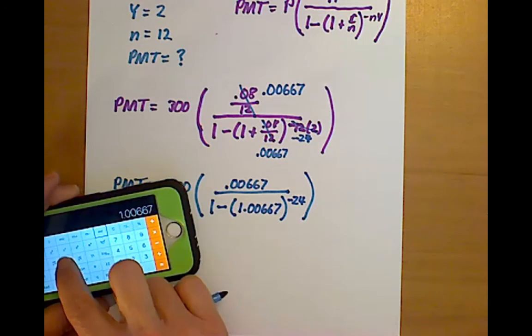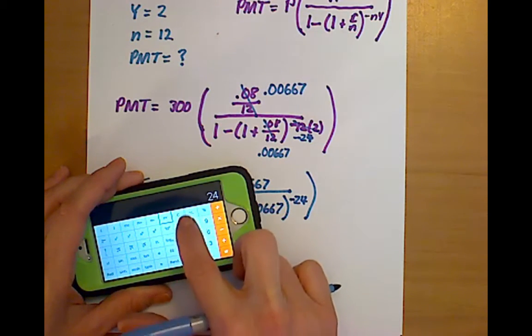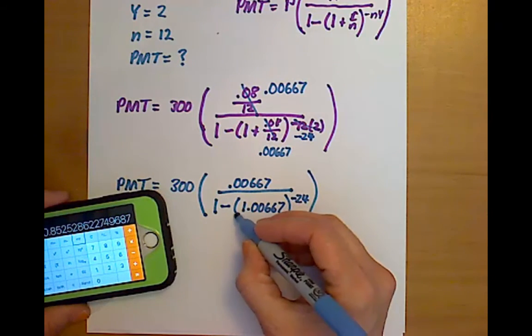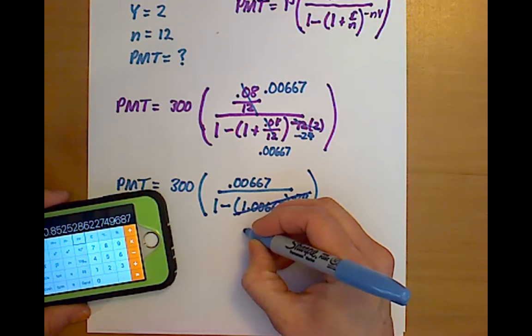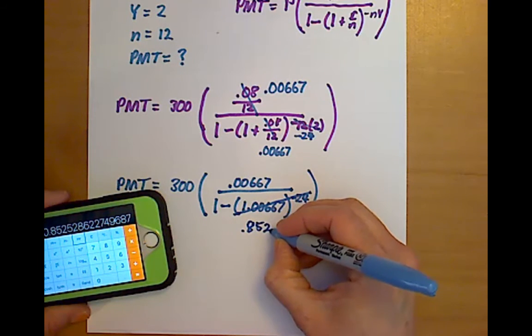I type 1.00667, use the exponent key, raise it to 24 and make that negative. And all of this we replace with 0.8525.